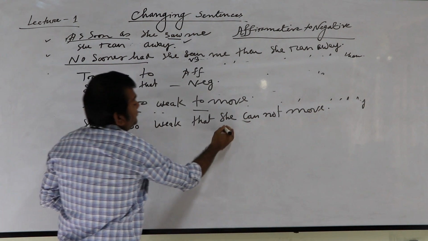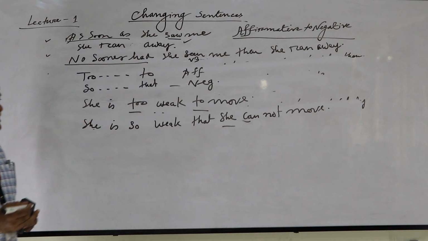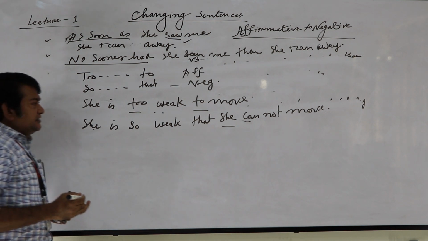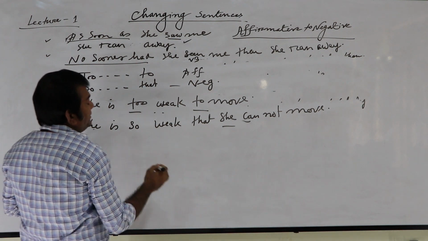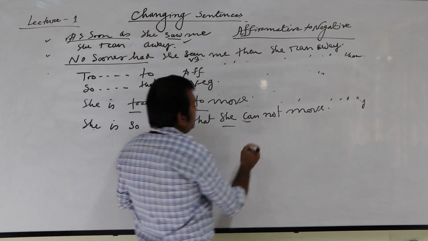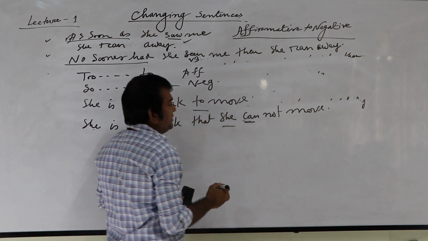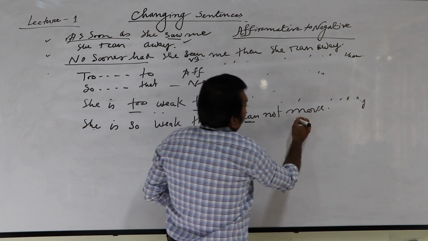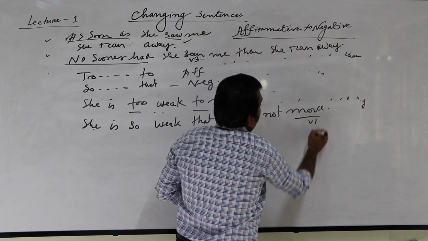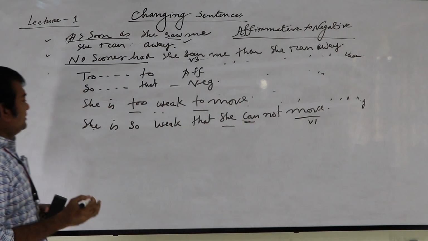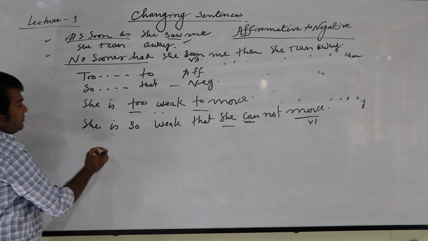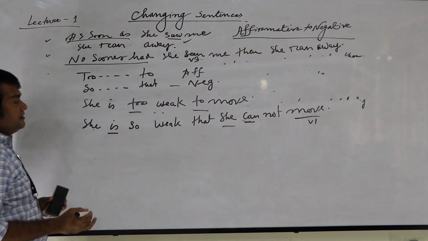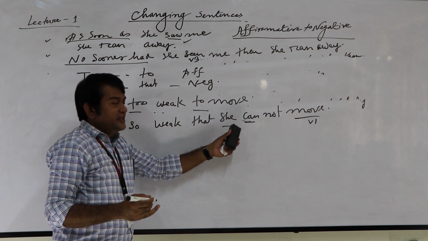That means the subject should be used again. Look at the whiteboard again, please. She is so weak that she cannot move. Cannot. Can is the modal verb. After modal verb, there should be the base form of the verb. And this tense is in the present indefinite form, simple present. That is why we have used cannot.